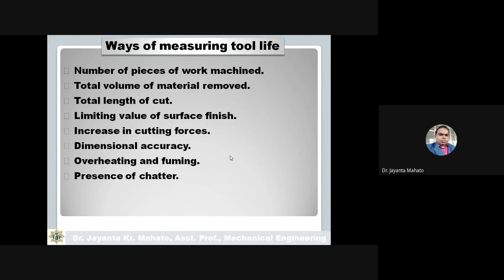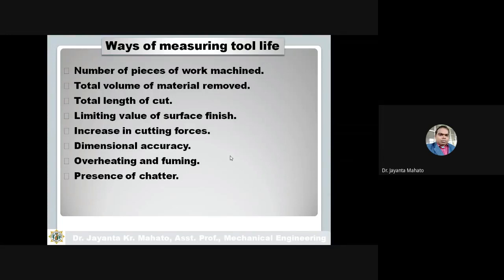Limiting values of surface finish means after that point, by using that tool you cannot get the finished surface. Okay, so this is the limiting value of surface finish.